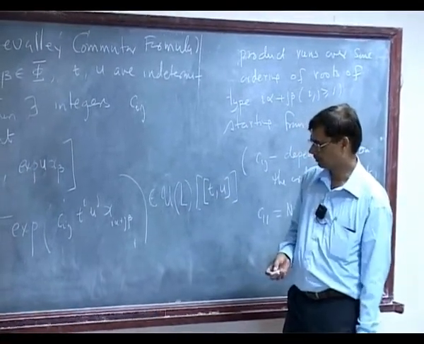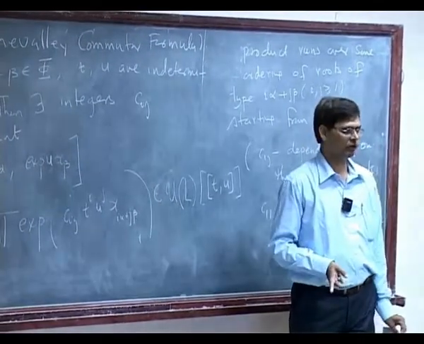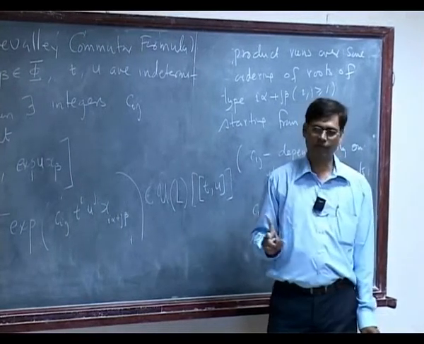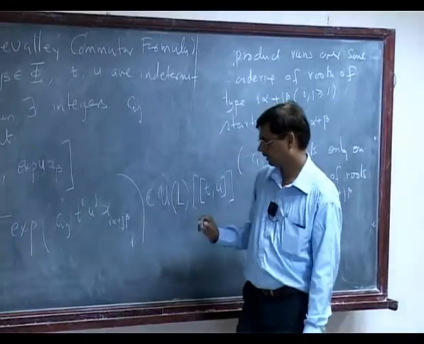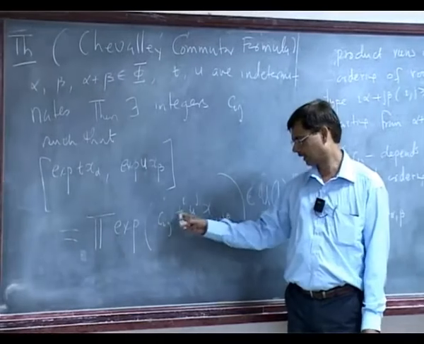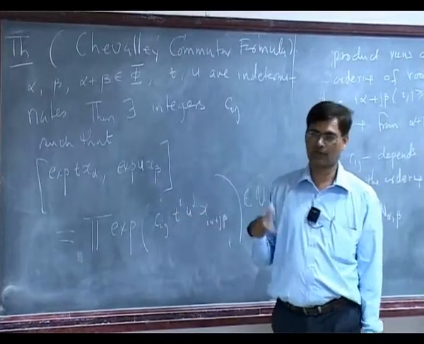So for example, suppose alpha plus beta is the only root, then there will be only one term, right? And if alpha plus beta is the only root, then you have simply N alpha beta times T u. Suppose all roots have the same length.